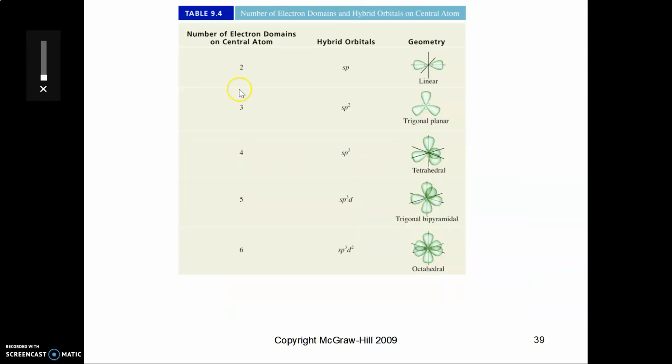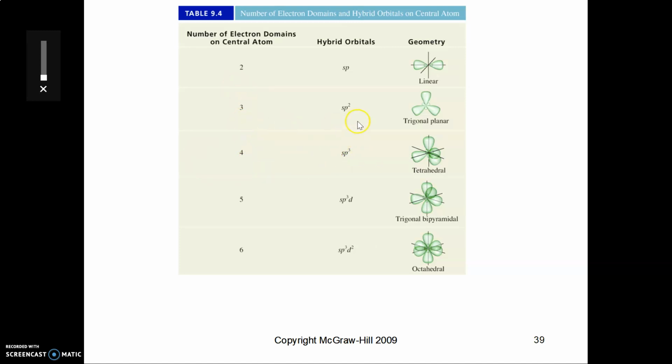If you notice, if you have 2 electron domains, you have sp. If you have 3, you have sp2. If you have 4, you have sp3. So the number of electron domains is 1 more than your hybrid orbitals. If I give you a question and you're not sure, if you have 4 electron domains, you're going to have sp3 hybridization.